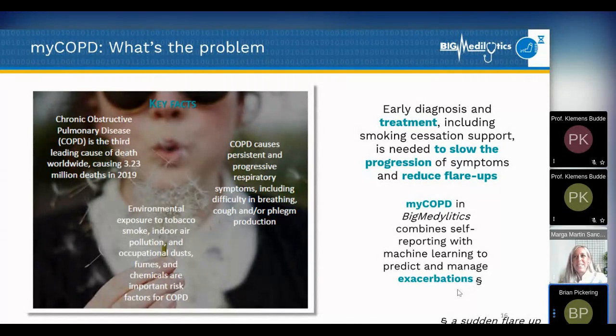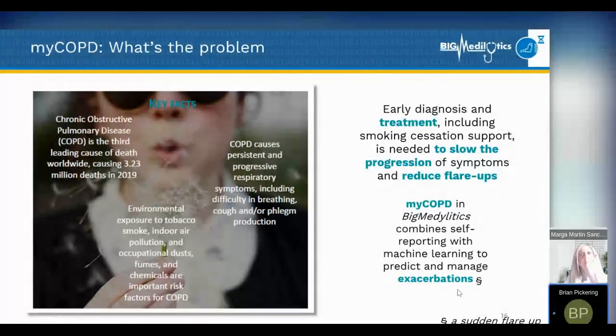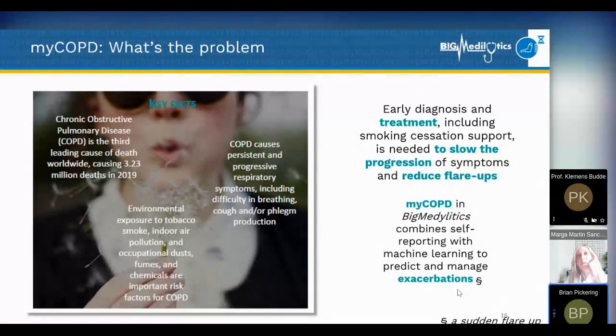Right, so the third pilot in this section, and we may go back to Klemens in a bit, is the COPD, the chronic obstructive pulmonary disease pilot, which was based around an existing app, and our experiences in integrating big data technology into the back end of that app.